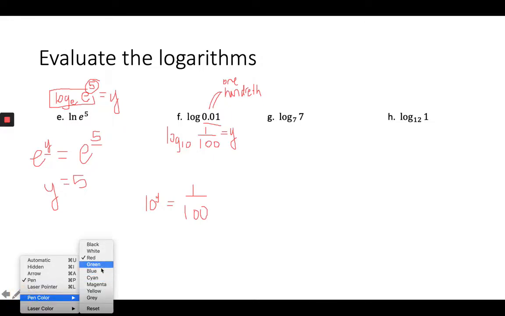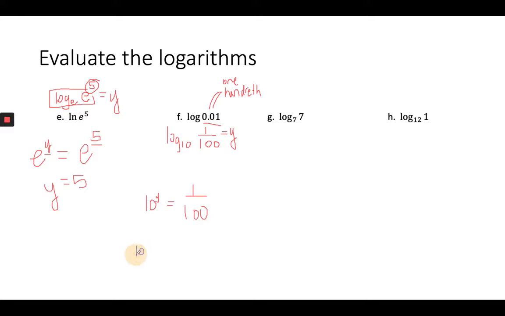So we know that 10 squared is 100. So to get 1 over 100, we need to make the exponent negative. So another way to write this would be log base 10 of 10 to the negative second, which means this one's going to evaluate to negative 2 for our solution here.